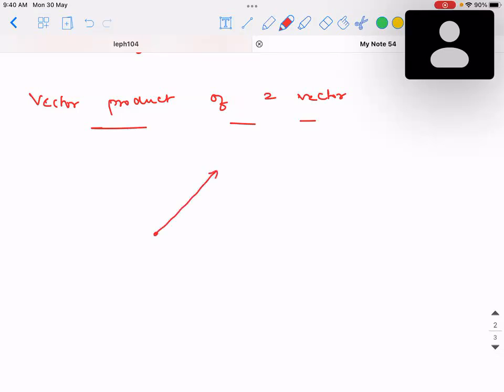If I take this as A vector, this as B vector, and I write A vector cross B vector, what do I mean by that? From A vector, I need to take a turn towards the second vector in the shortest direction possible. So please make a note of it.